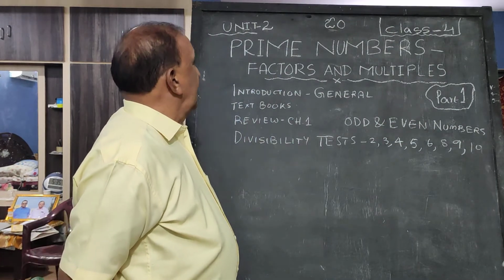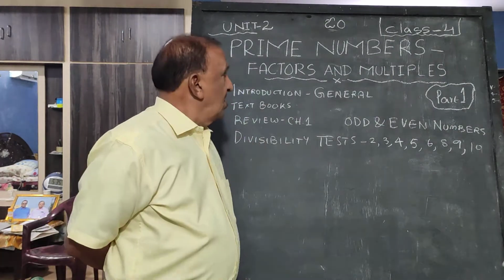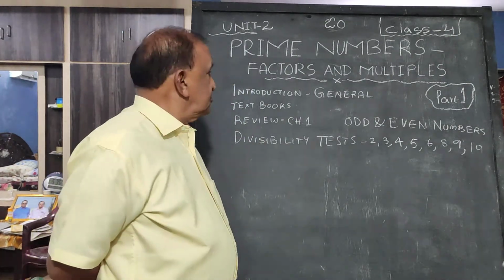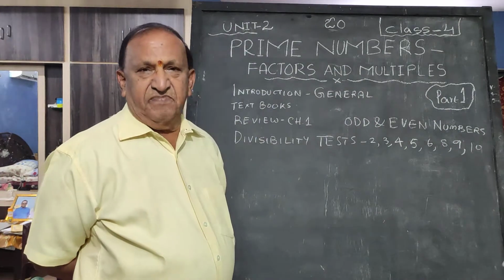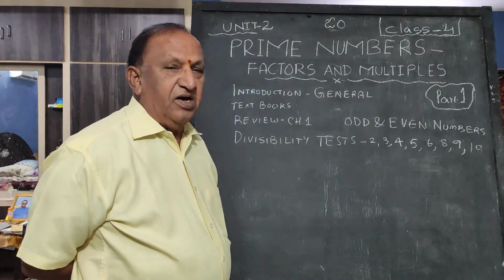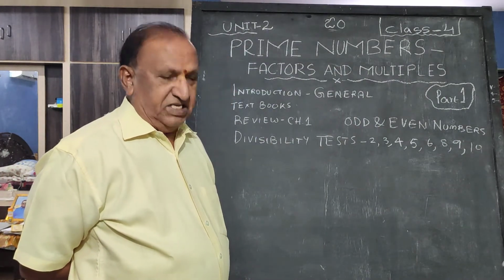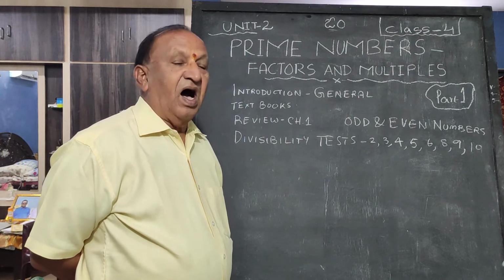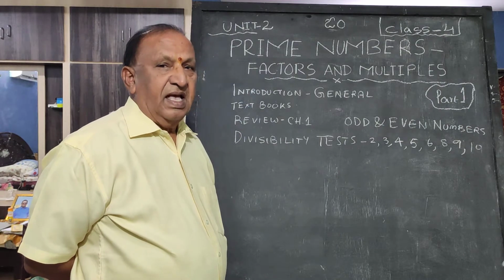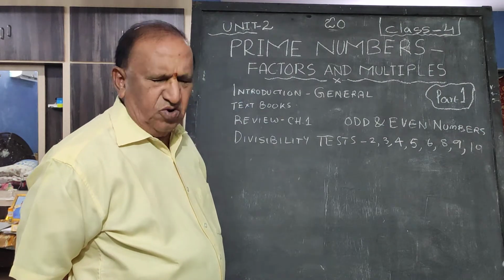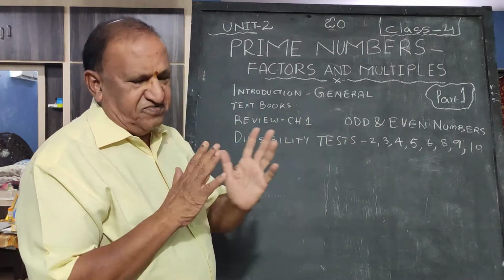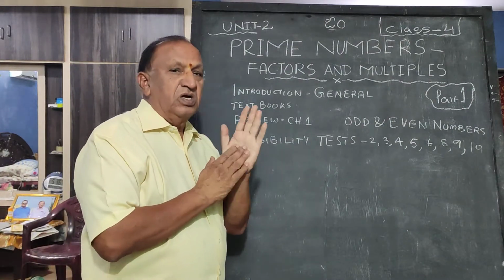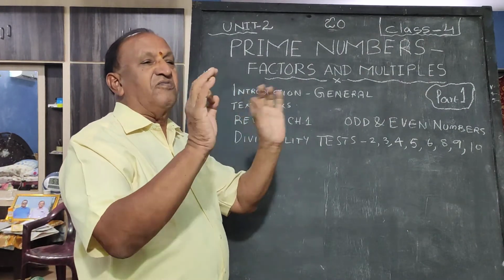In this Unit 2, which is about prime numbers, factors and multiples, you know what a prime number is. A prime number has a factor of its own and 1. That means if you take 2, the factors of 2 are 2 and 1.